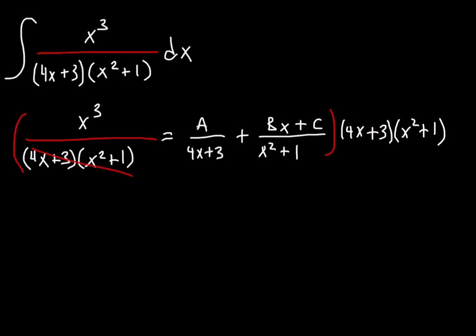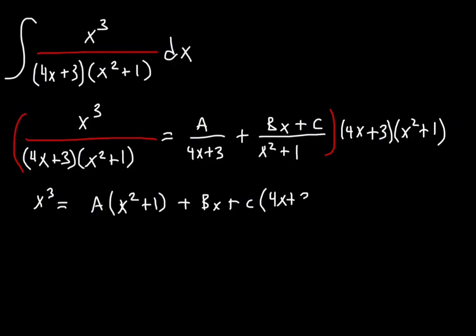So this whole thing cancels out, leaving x cubed equals A times, so this and this cancel, so I have x squared plus 1, plus, for this the x squared plus 1 and x squared plus 1 cancel, leaving Bx plus C times 4x plus 3.